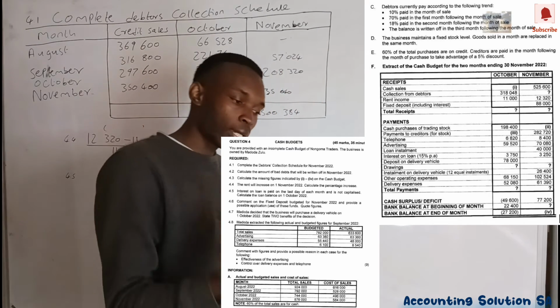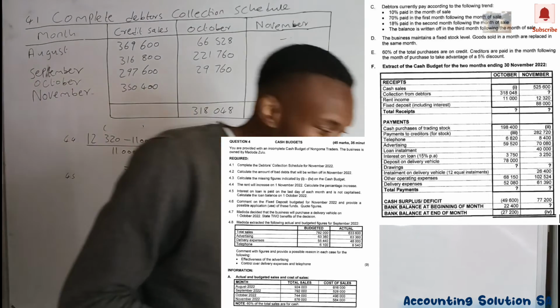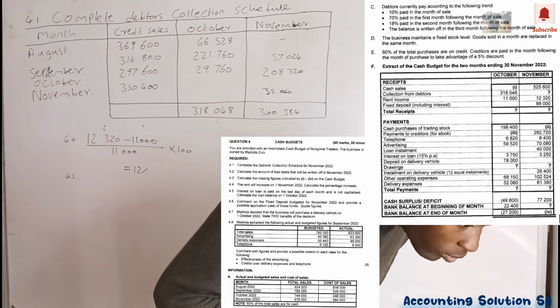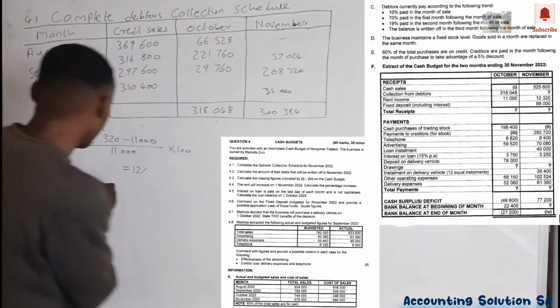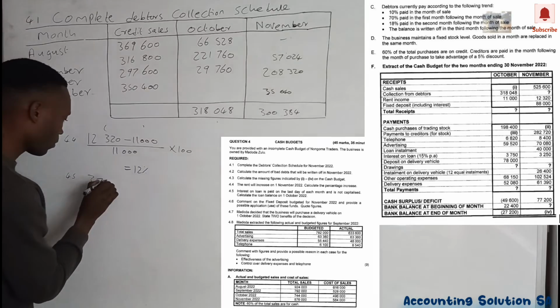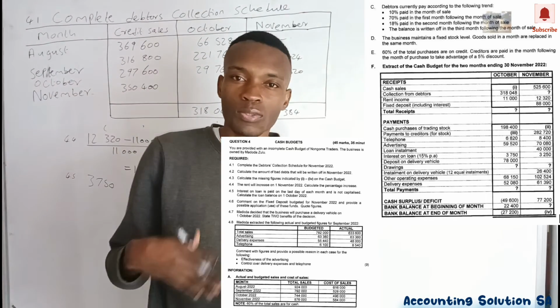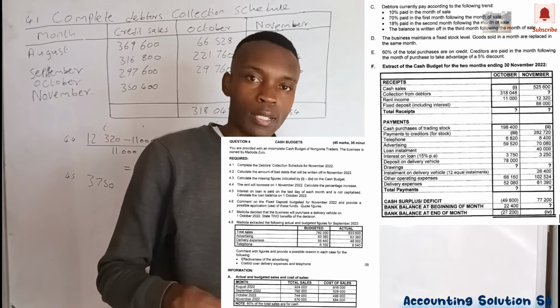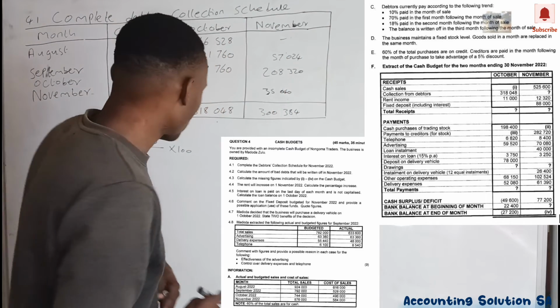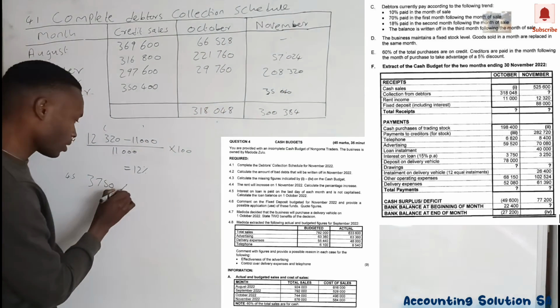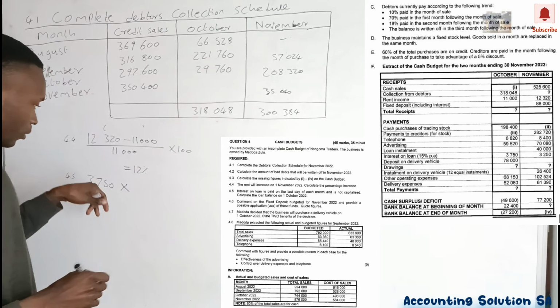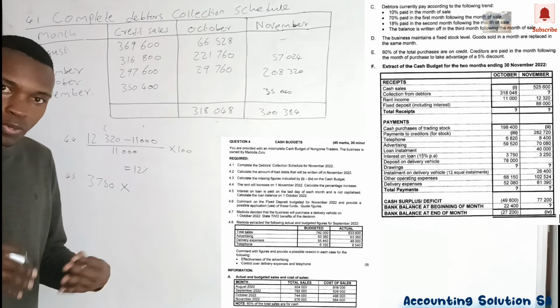If you check under payment, interest on loan, they say it is an amount of 3,750. Now we have to do a reverse in order to get a balance. Remember, if you check the brackets, they said it was 15%. How do we do a reverse?